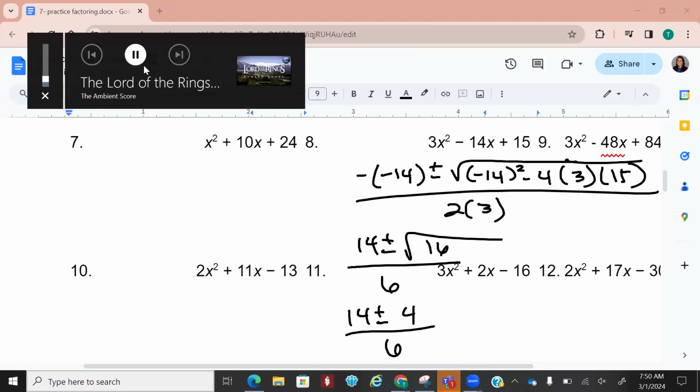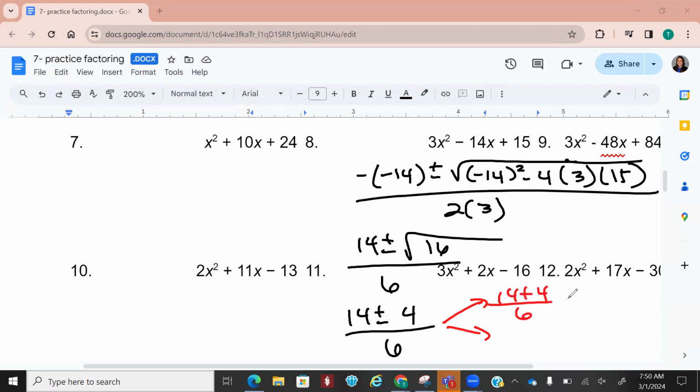So most of you probably got to this spot and then, right, where we still keep having problems. Okay, so when you do this, break it up into 2 separate equations. So this is 14 plus 4 divided by 6 and 14 minus 4 divided by 6. Okay, when you do fractions, you're going to add the top.